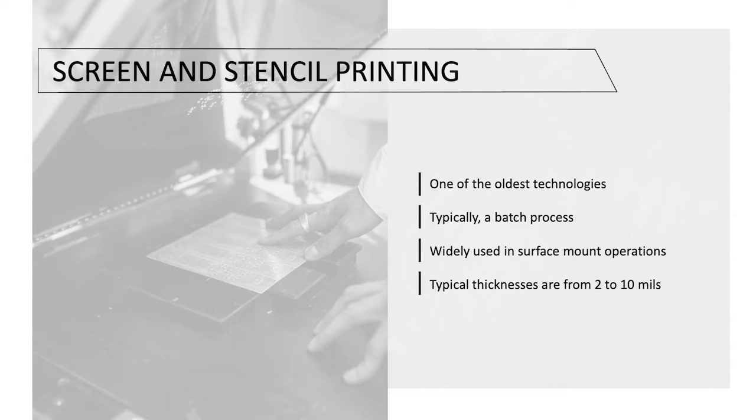This is typically done in a batch process because of the distinct pattern of the screen itself. And the thickness that you're commonly applying is about 2 to 10 mil. And that thickness is typically set by the mesh of the screen itself.